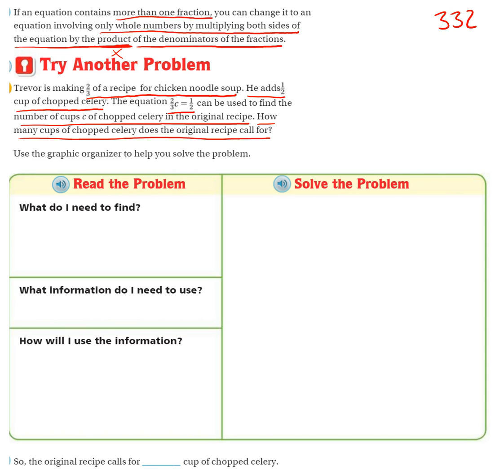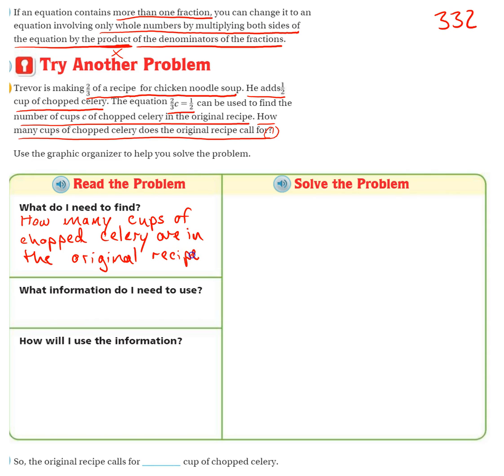Okay. What do I need to find? Well, here's my question. I need to find how many cups of chopped celery are in the original recipe. What information do I need to use?